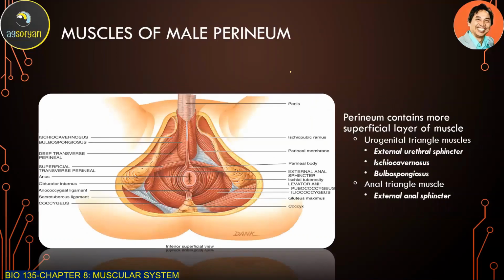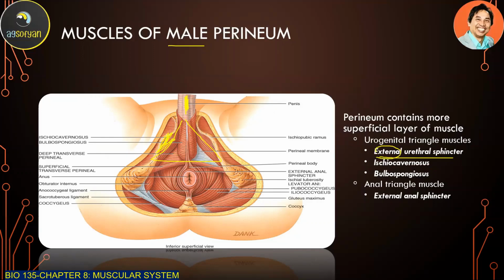The same thing with the male. It's very similar. It's going to be the urogenital triangles. External urethral sphincter, you cannot see it because this is inside the penis. There is a urethra, and at the top of the urethra opening, there is external urethral sphincter muscle. Ischiocavernosus is going to be the same.